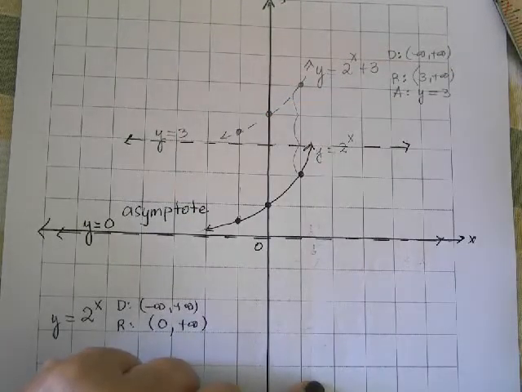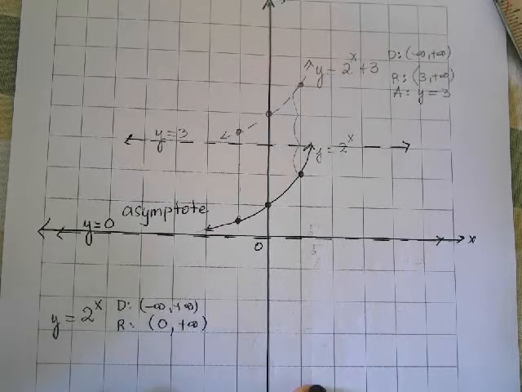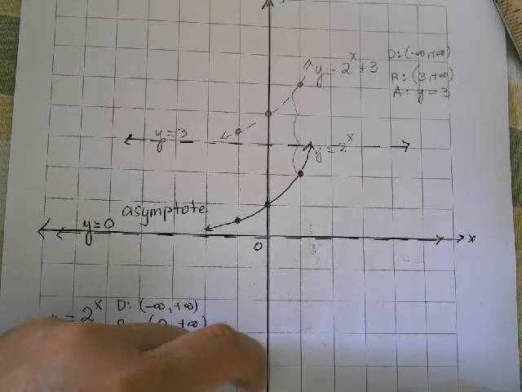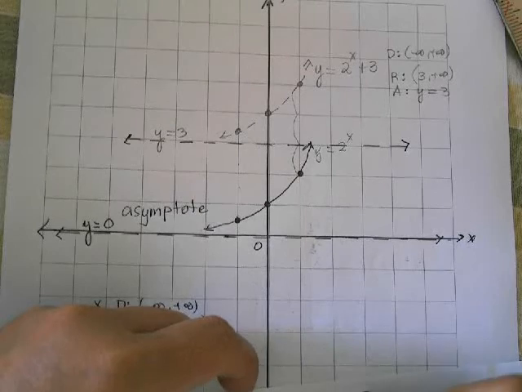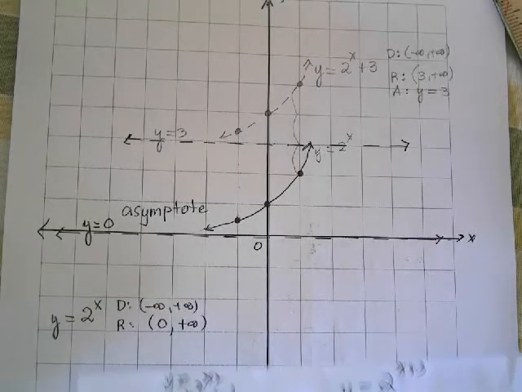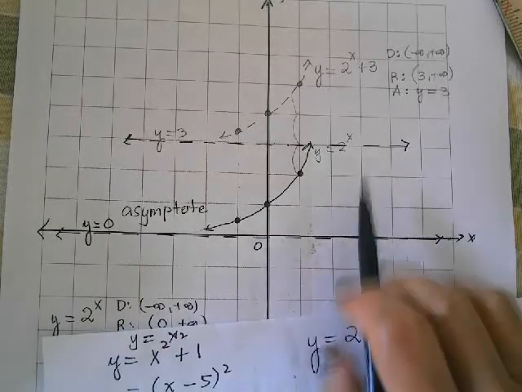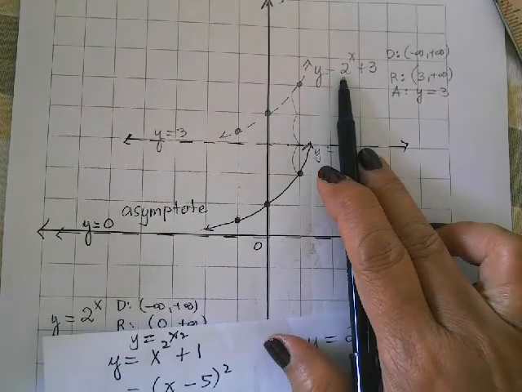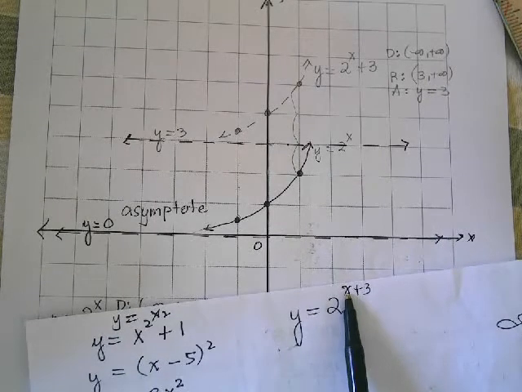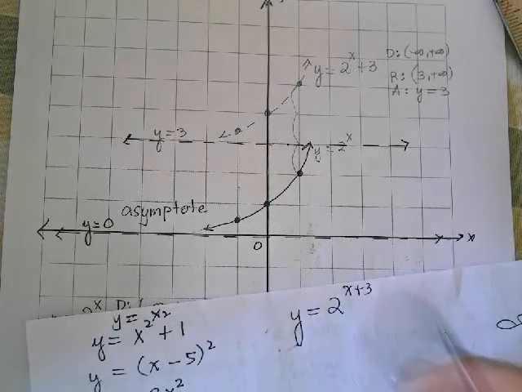Now, let's go to the next equation, y equals 2 to the x plus 3, but the plus 3 is inside the exponent. Before, you added 3 to the parent graph 2 to the x. Here you will graph the 3 added only to x. So this is a translation 3 units to the left.